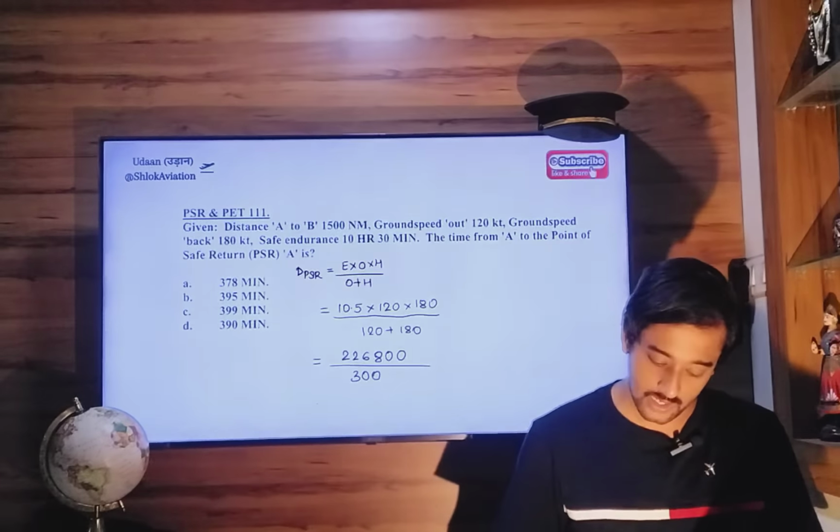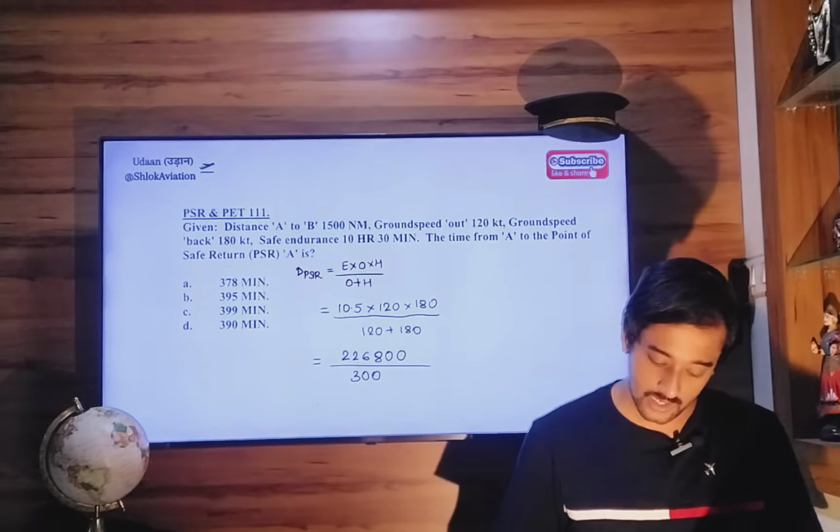So the correct answer here will be distance to PSR 1000 nautical miles divided by ground speed outbound 235, which is equal to 4 hours 15 minutes. Okay, 4.2. So correct answer is 4.2, so option Bravo.